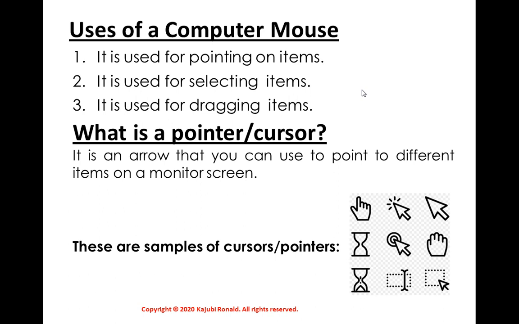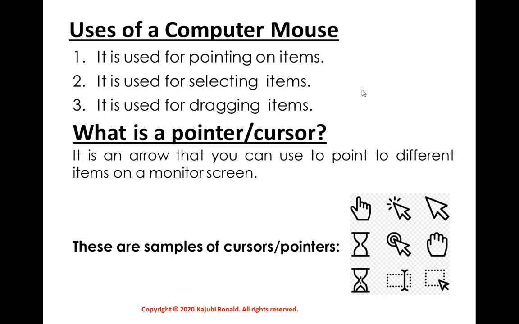So a computer mouse helps us also to select items of our choice, right? We can use a computer mouse to select items. And we can use a computer mouse to drag items from one place to another.